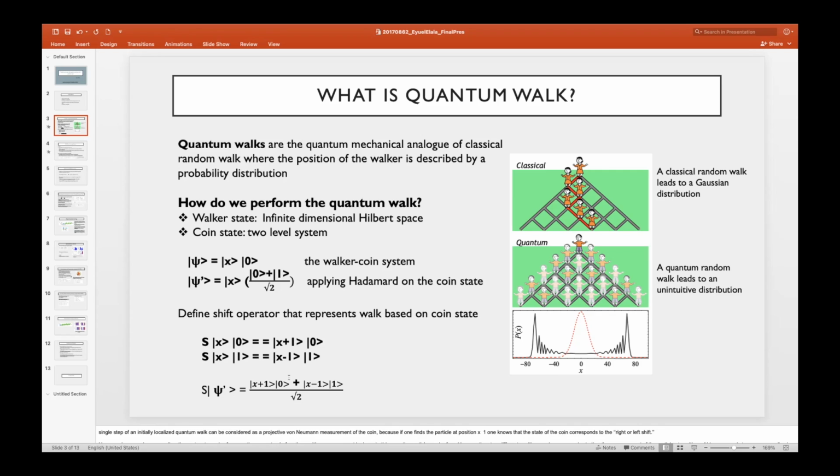You'll be going in both directions, and because of the superposition, the particle won't return back to the origin deterministically. So there's some probabilistic behavior in this.